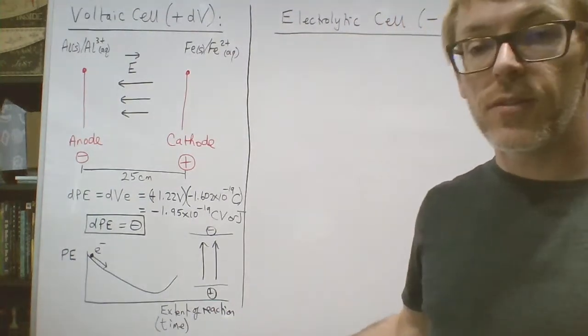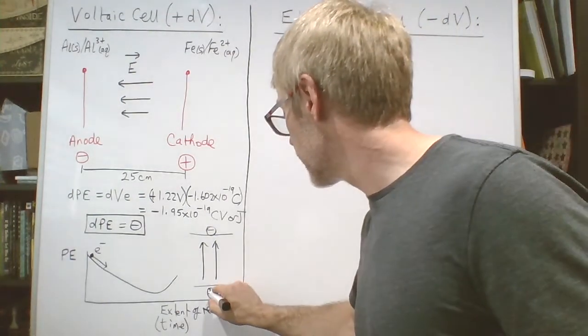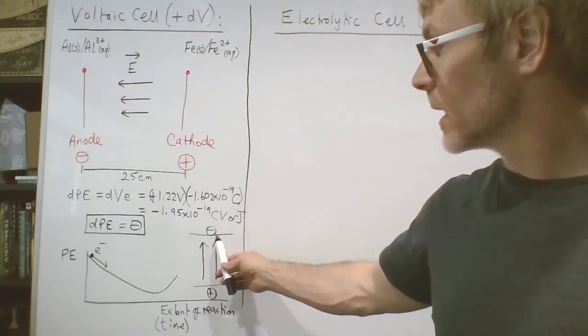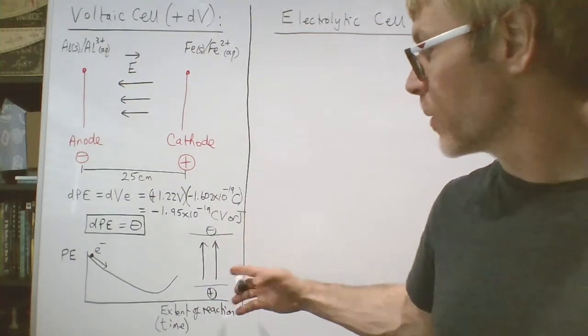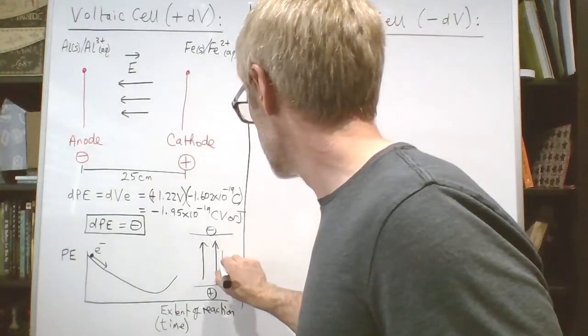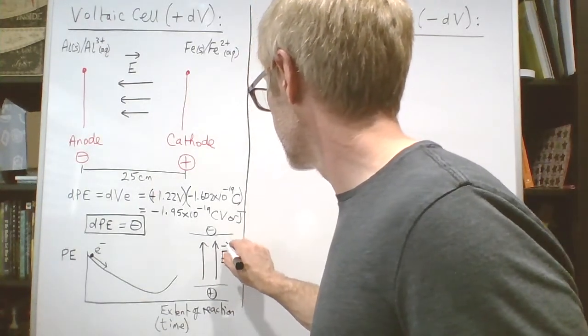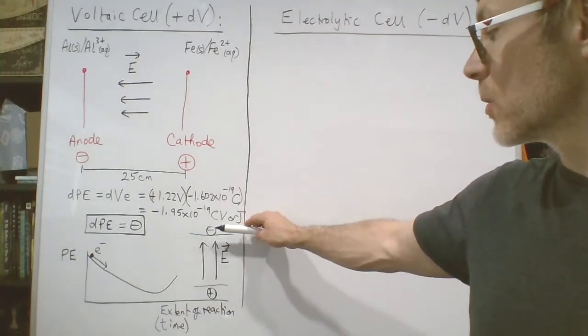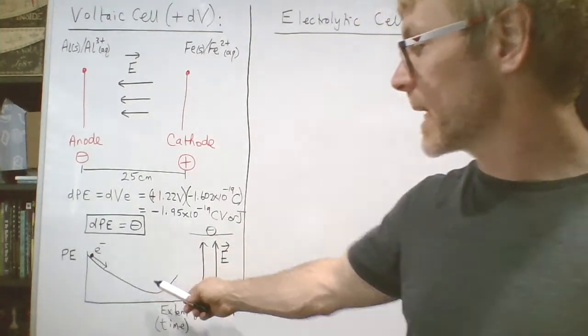So here, the way I've drawn it, we have our cathode down here, our anode up here, so the electric field goes from the positive electrode to the negative electrode, and our electron is moving counter to that.